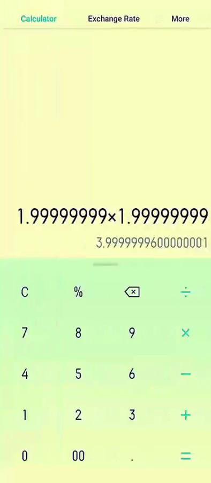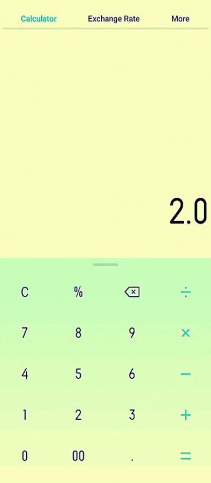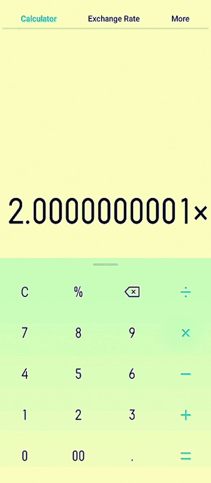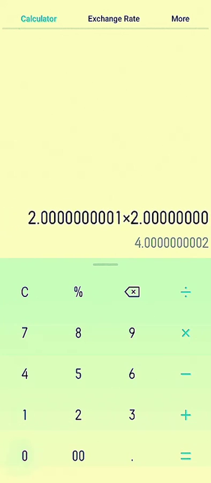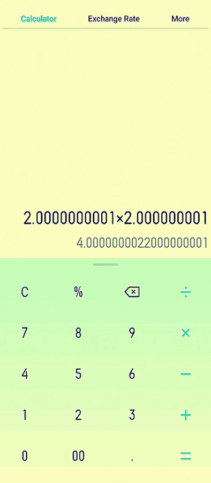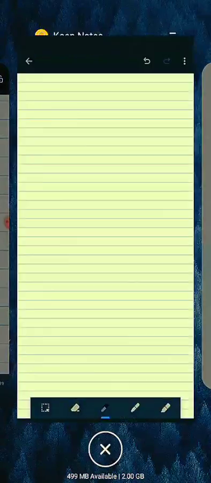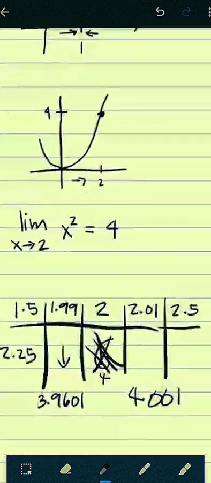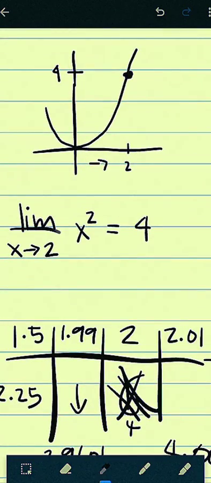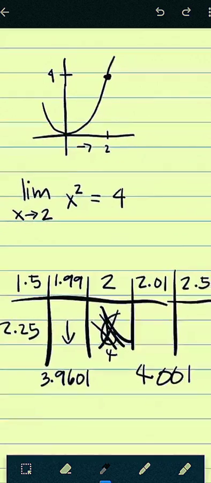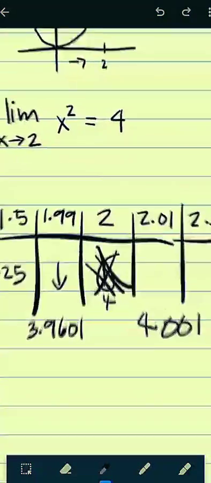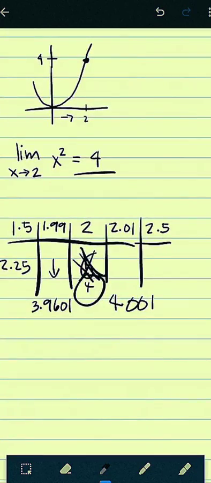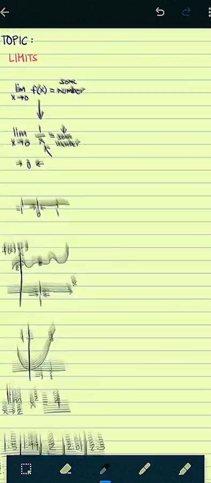And if we have 2.0000001 times 2.0000001, it's very close to 4. So with that, we can conclude that as x approaches 2, the limit of our function x squared converges to the y value, which is 4. So that's just what a limit is, basically.